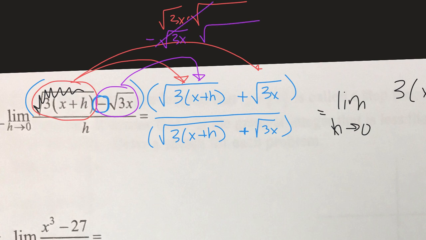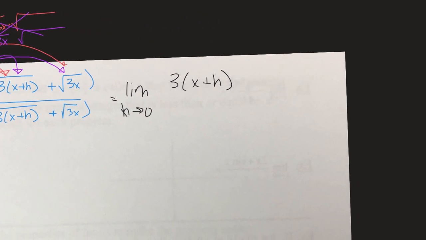So these two terms cancel each other out: the root 3x times root 3x plus h cancels out with a minus root 3x, and those subtract to give you 0. Then the negative root 3x times a positive root 3x turns out to be a negative 3x. If one is a minus and one is a plus, then that is always going to be a minus in your numerator.